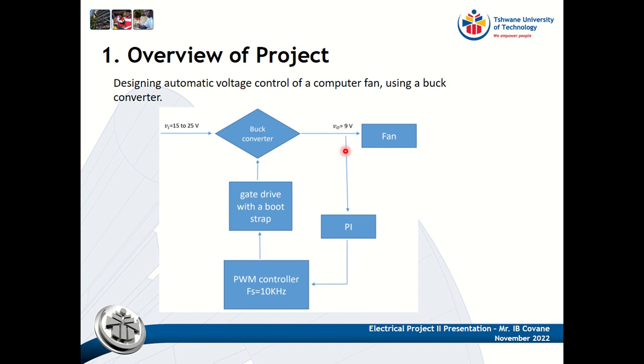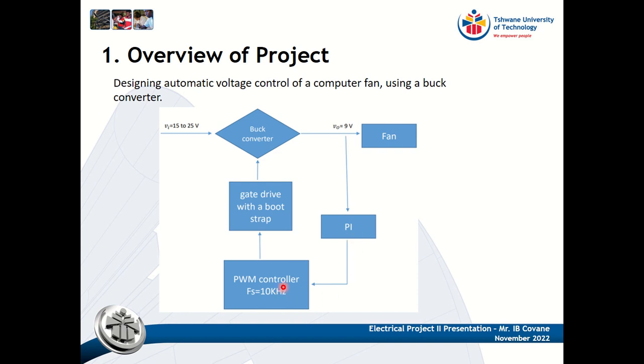I'll be switching the buck converter using a MOSFET, and I'll be controlling that MOSFET with a PWM signal. In order to get the constant output of 9 volts, I'll have to implement the PI control that will change the duty cycle of the PWM.